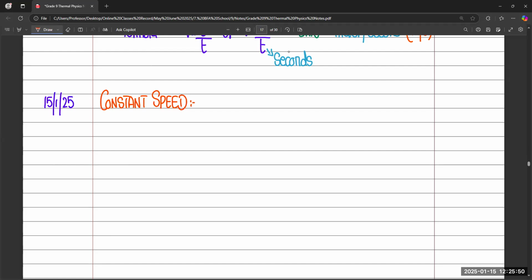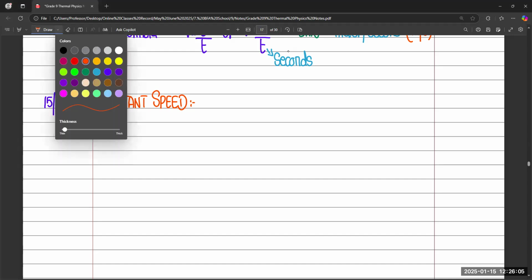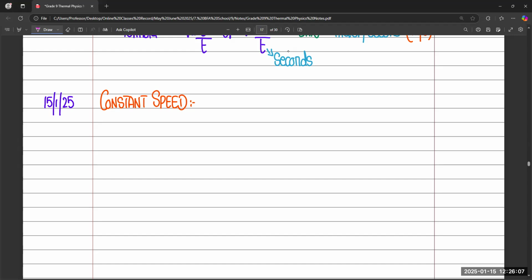The meaning of constant speed is definitely that speed is constant, but how can speed be constant? If you want to define the idea of constant speed, we can define it like: when a body covers equal distance in equal interval of time, right?